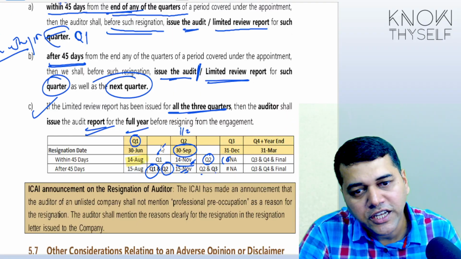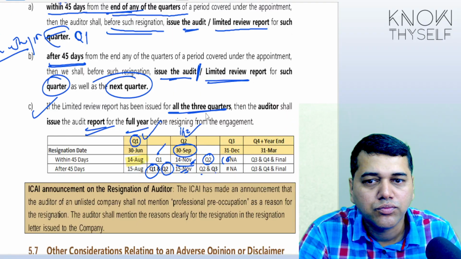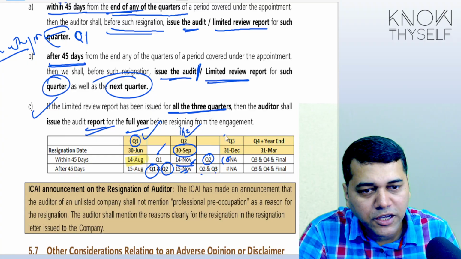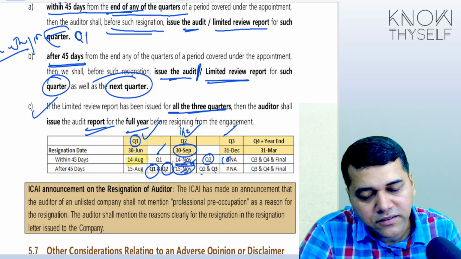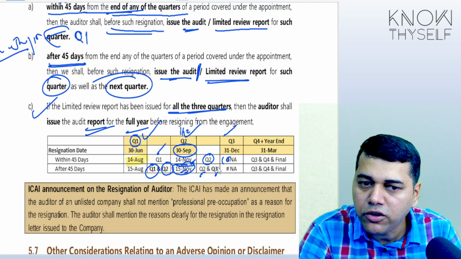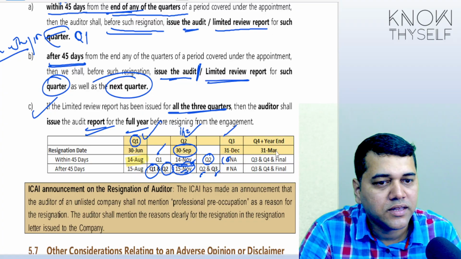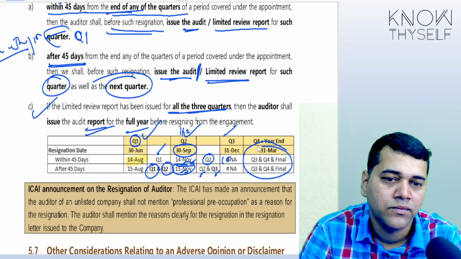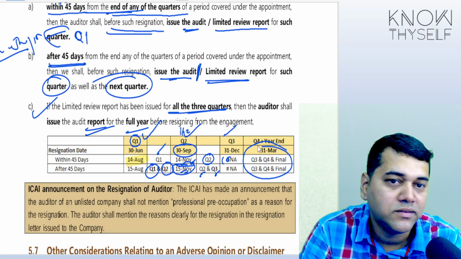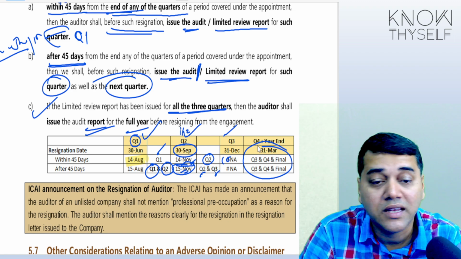If you have already issued for Q1 and Q2 and Q3, and you resign from 15th November onwards, then you are supposed to issue for Q3 also, Q4 also, final also. That means 14th November is the last date, friends.